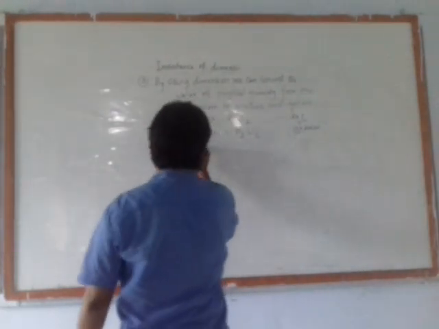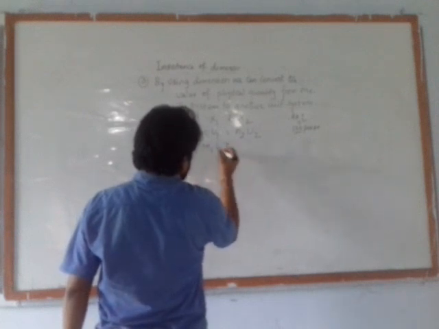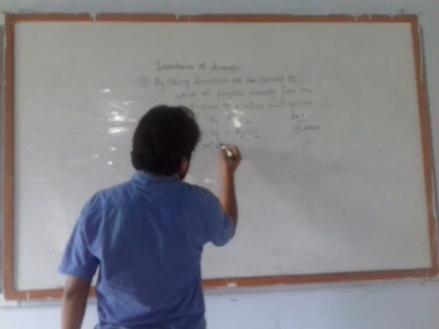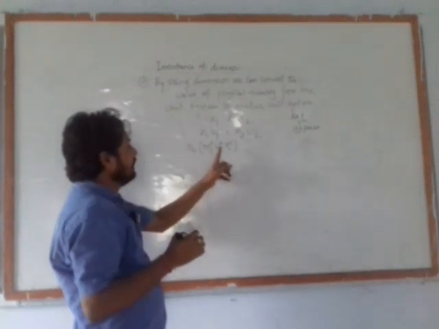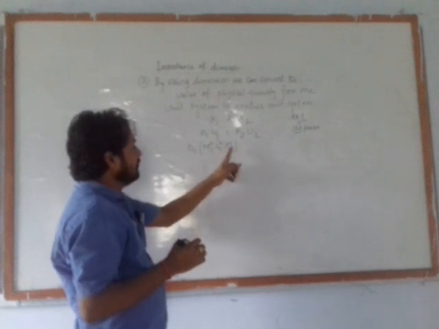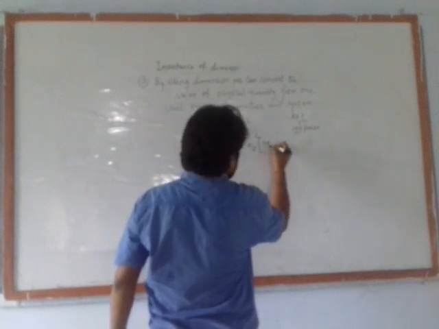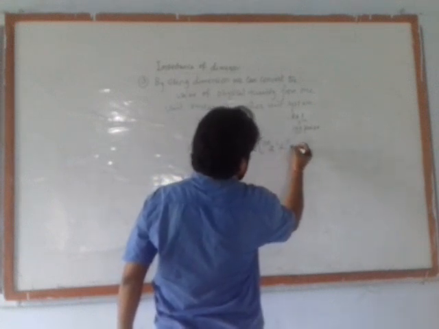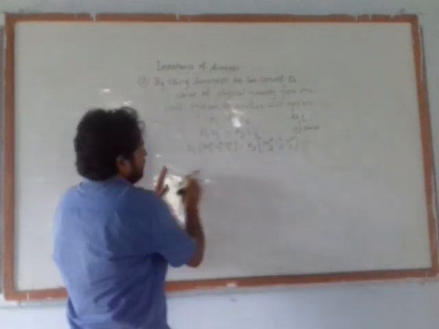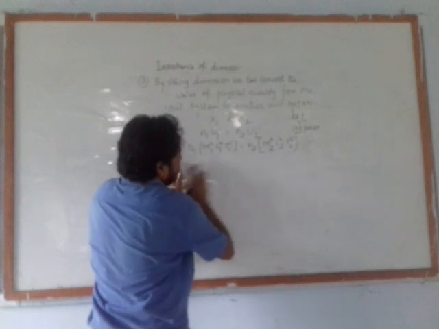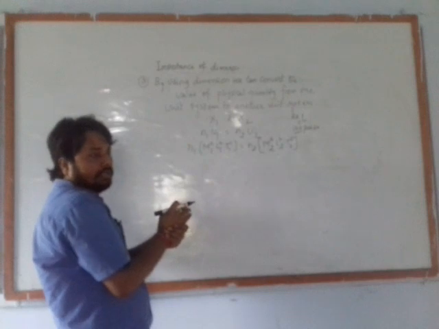So I am writing n1 M1, L1 and T1, all with powers a, b, c: M1 has a, L1 has b, T1 has c, is equal to n2 M2, L2 and T2 with powers a, b and c. Now this is our equation, so with the help of this equation, any one unit system can be converted into another unit system.